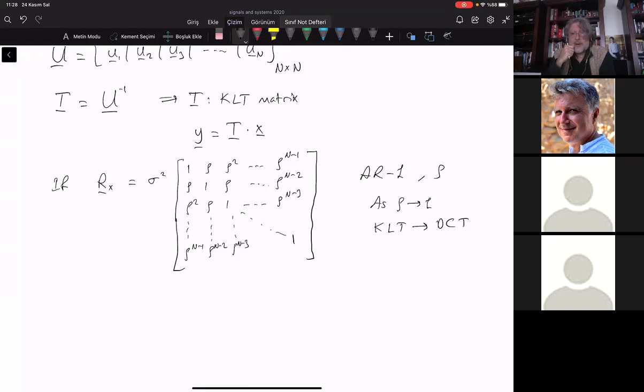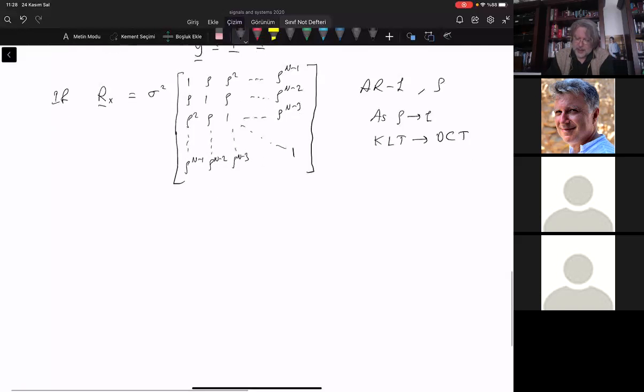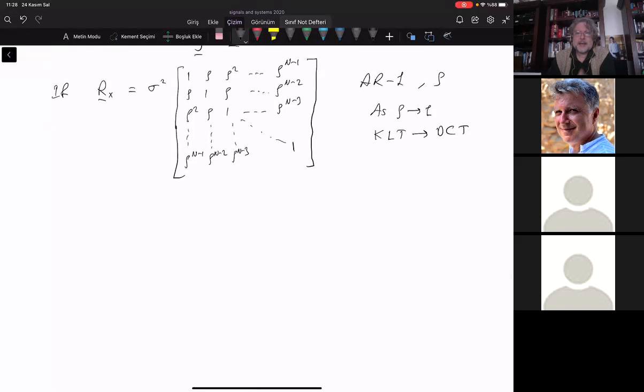It may be difficult for a non-mathematician like me, or probably many of us, to do it that way, but what I can say is that in a future examination, like the final take-home, I may tell you that rho is equal to 0.9, for example. So you find an Rx, then find the eigenvectors with the eigenvalues and sort them in the corresponding order.